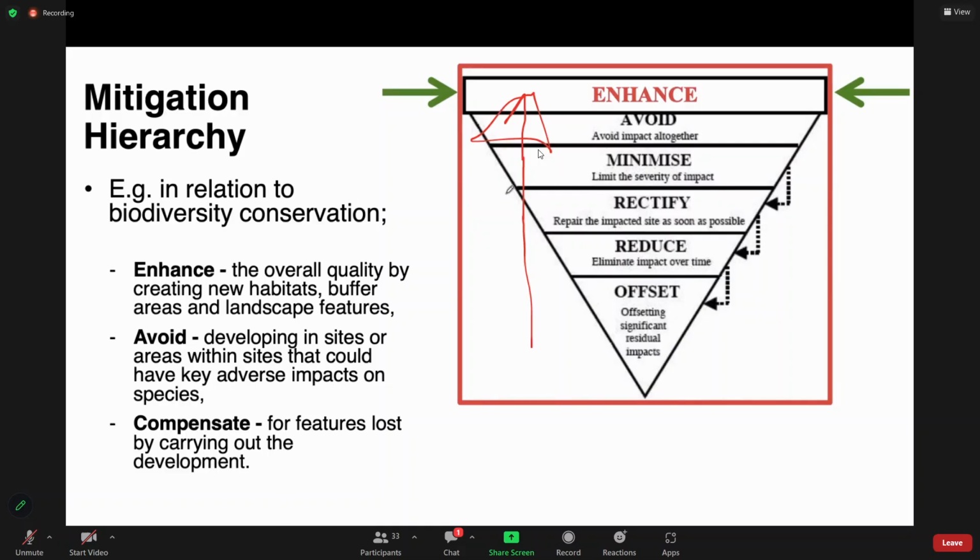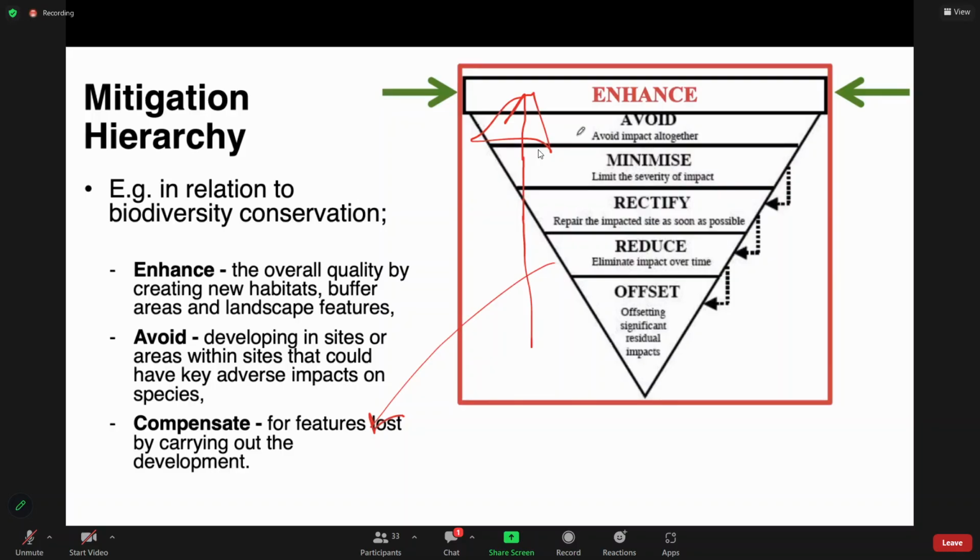So that might be how you try to reduce, offset, or rectify what you're doing. And then when you move up the hierarchy, you can try to avoid the impacts altogether by avoiding developing in sites or areas that can have key adverse impacts.